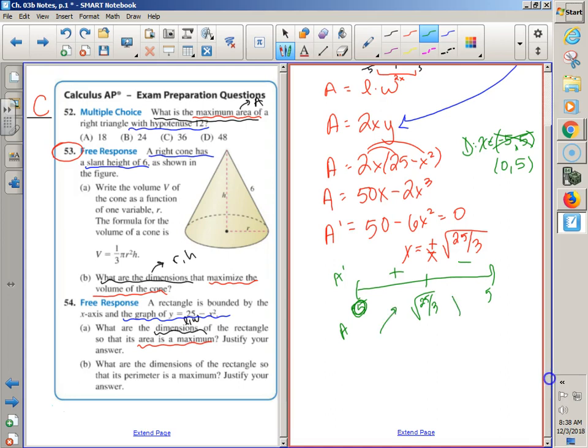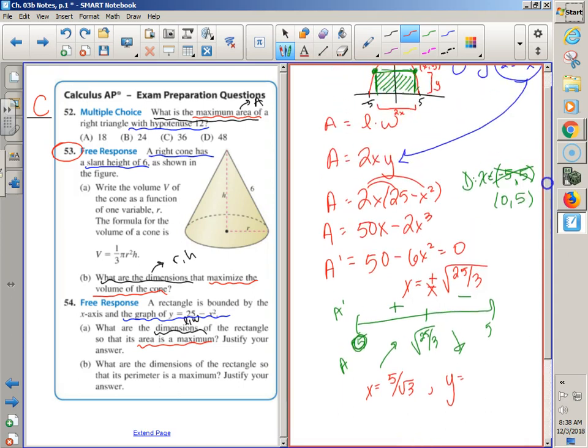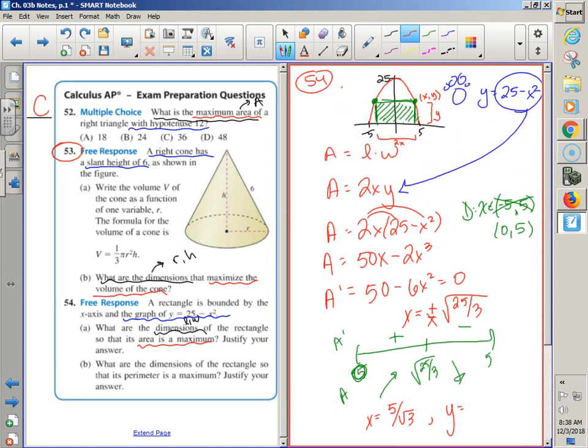So I have a max. Was that the point? Yes, that was the point. And they're asking for the dimensions. So therefore, if x is equal to 5/rad3, just simplifying, y is going to end up equaling, the square root of 25 squared would be 25, 75, 50.